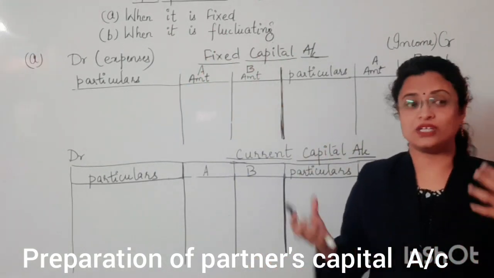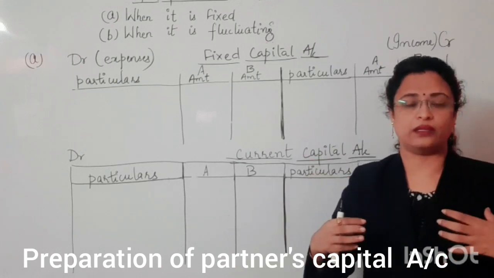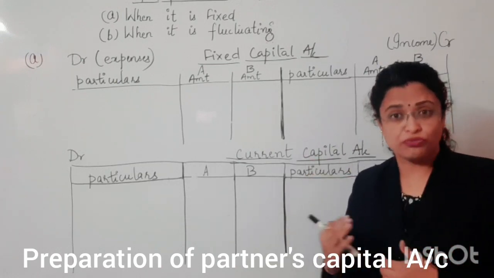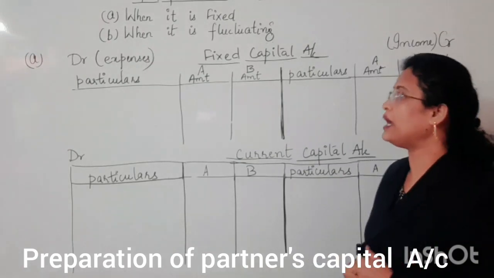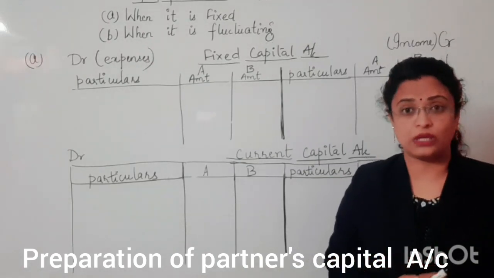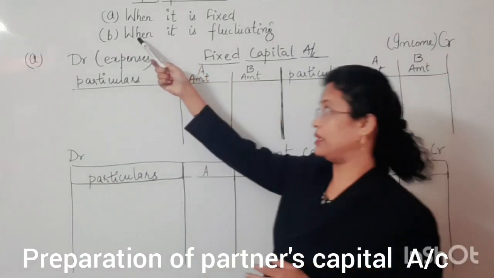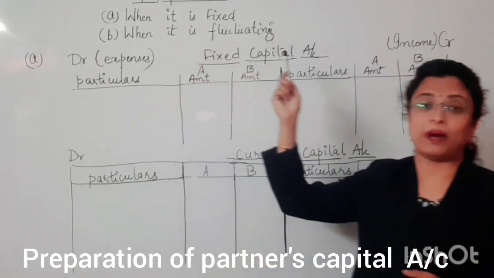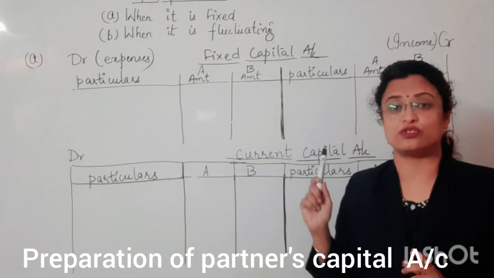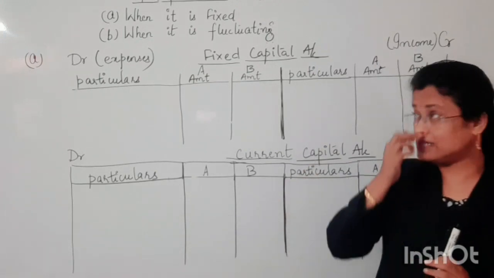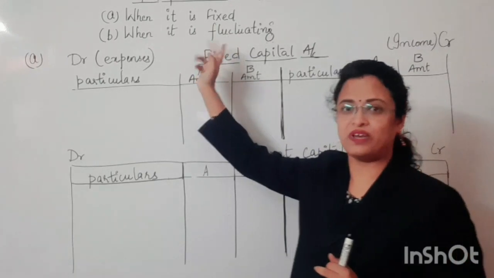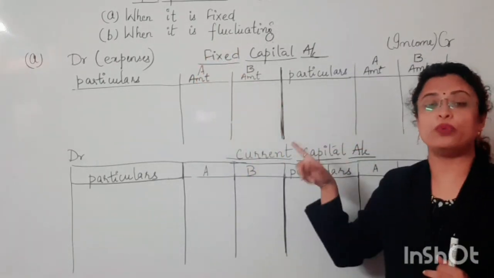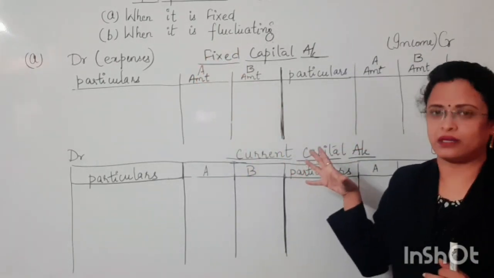When we take up all the things which are subject to frequent changes due to the happening of events, it means we are preparing the second method, when the partner's capital account is assumed to be fluctuating. So let's discuss first, when the partner's capital account is fixed, how we are supposed to prepare it.